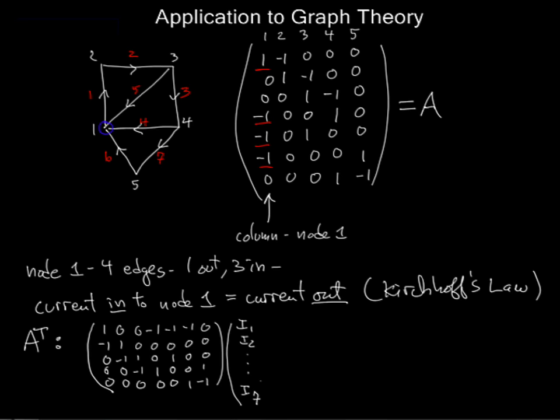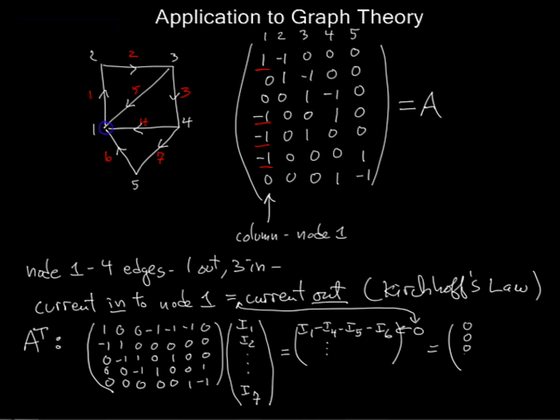And if we multiply this by the column vector of currents, well, the first entry I'm going to get is I1 minus I4 minus I5 minus I6, which is the current going in and out of node number 1, and that's supposed to be equal to 0. So if I take A transpose and multiply it by the column vector of currents, I'm supposed to be getting 0.